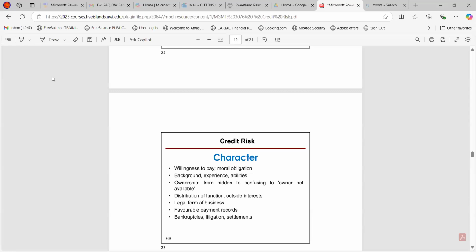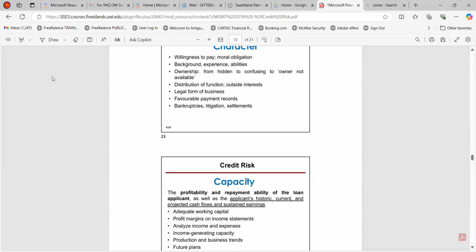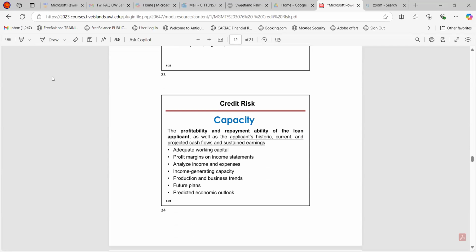If it's an individual with a business, what is the legal form of their business? What is their payment record like? Do they have any bankruptcies or any litigation that's going to cost them money? If that's going to cost them money, it's going to limit how much they can pay you, and settlement of any obligations.